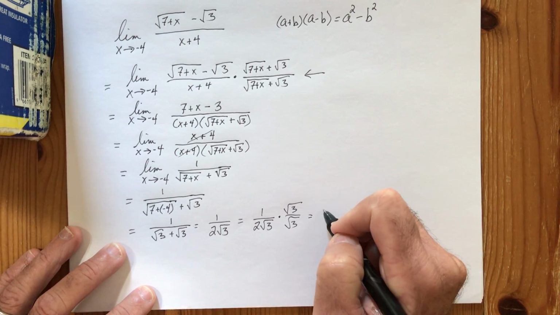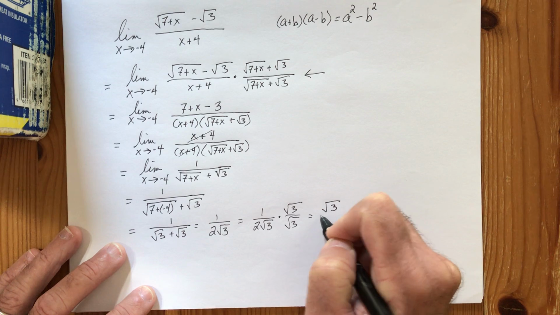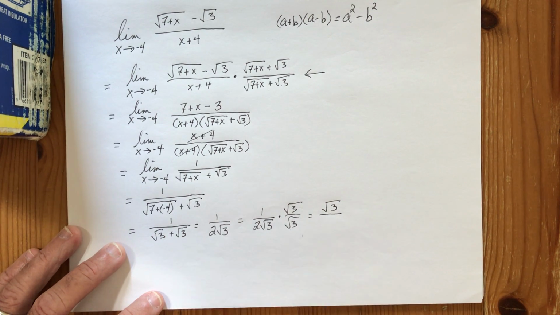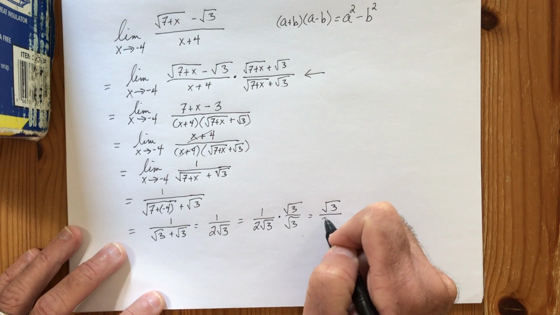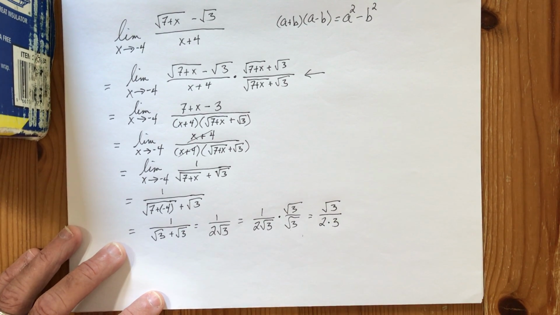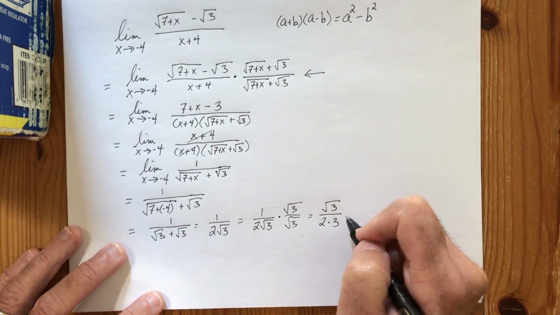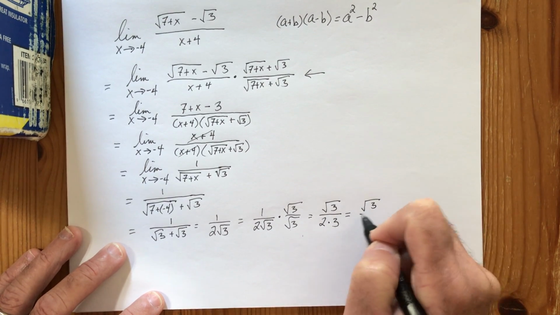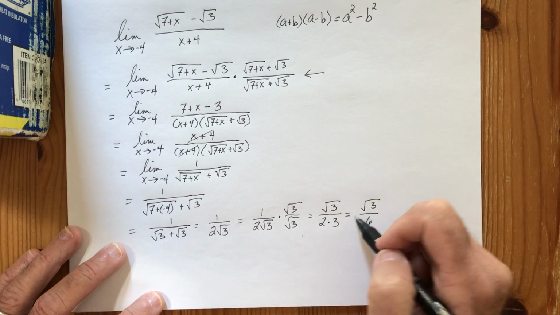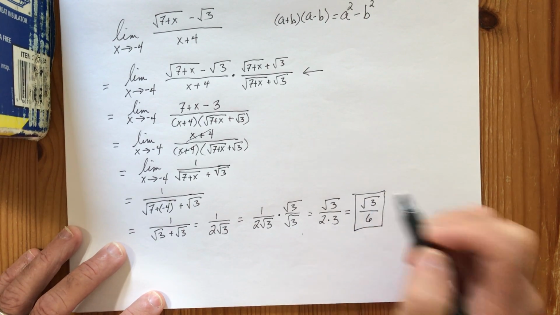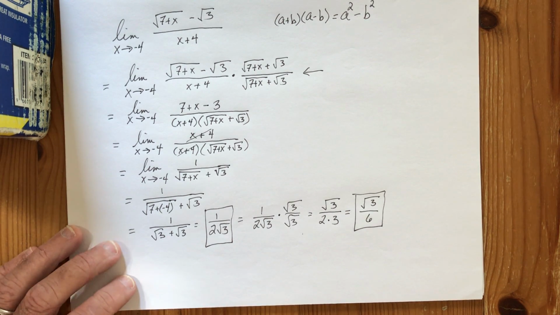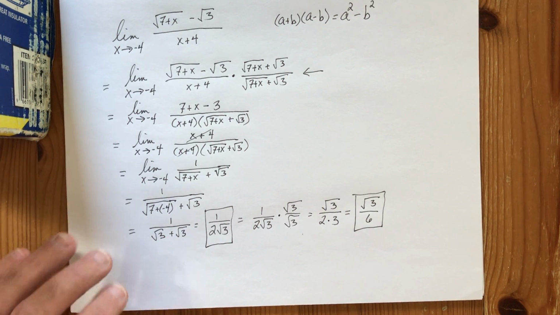And so if we multiply this out, we get the square root of 3 over, and the reason this works is because the square root of 3 times the square root of 3 is equal to 3. So that becomes the square root of 3 over 2 times 3. And so the final answer is the square root of 3 over 6. So we can leave it as this answer, or we could have left it as this answer. Hopefully you find that helpful.